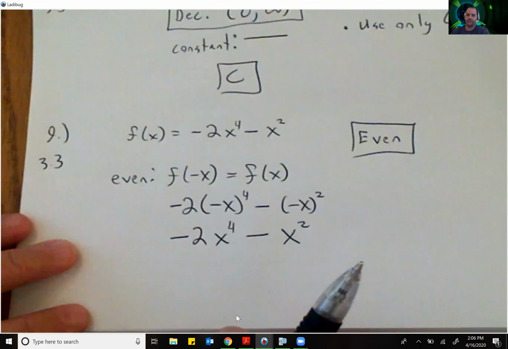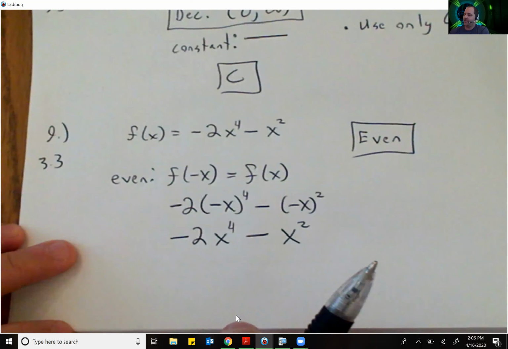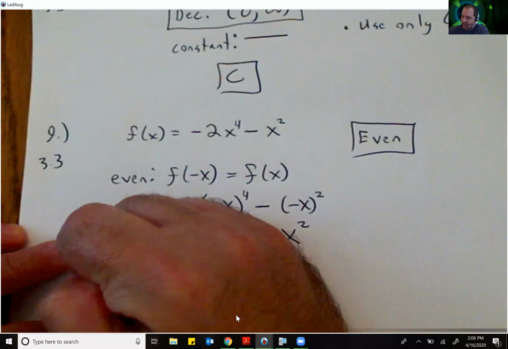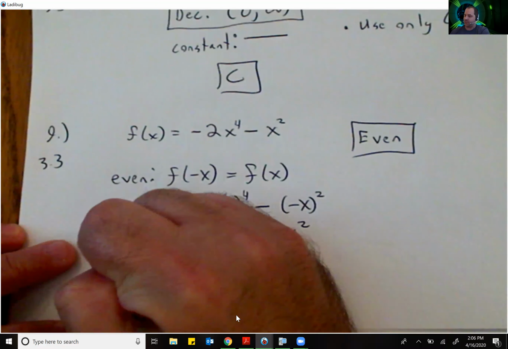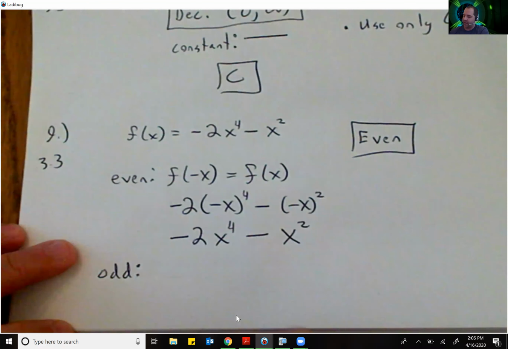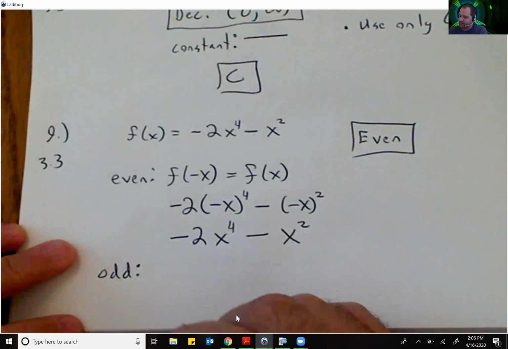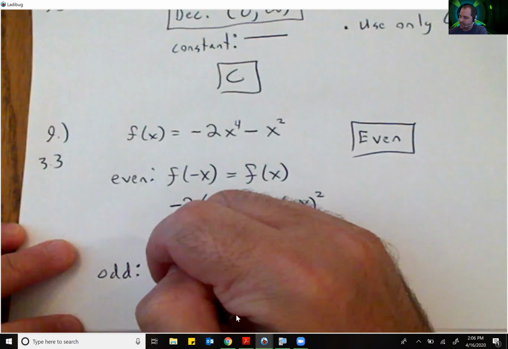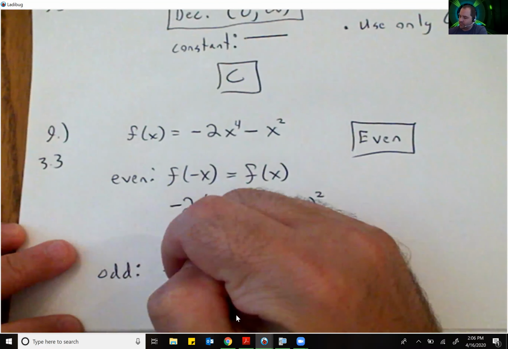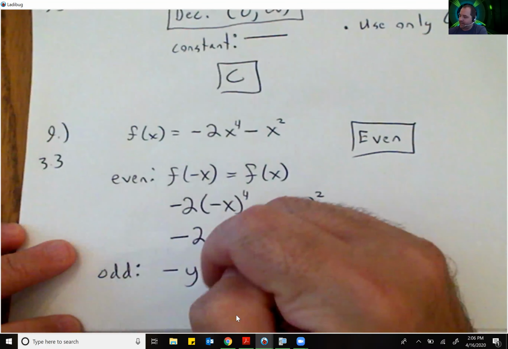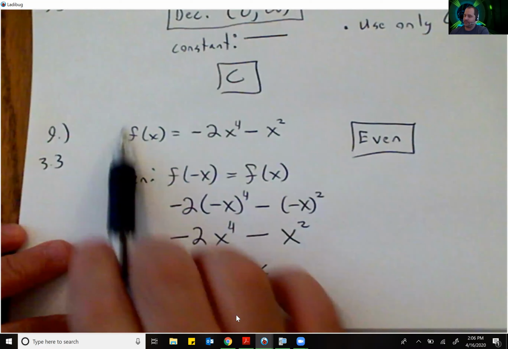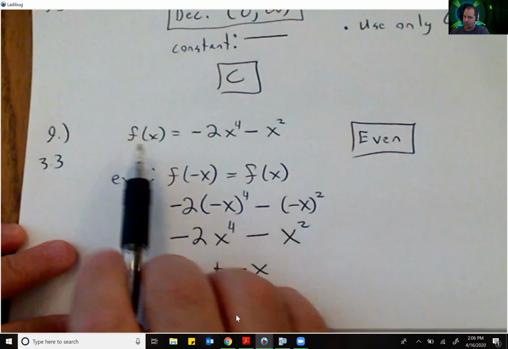If we were checking odd, we don't have to check odd, just so you know, because we are even. You can't be both even and odd. If we were checking odd, what you want to do is plug in a negative y and a negative x into our function. Remember, f of x is just a fancy way of saying y equals.